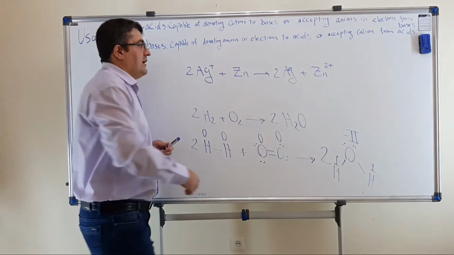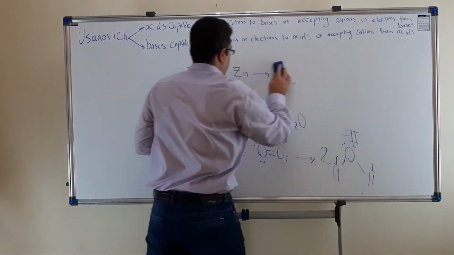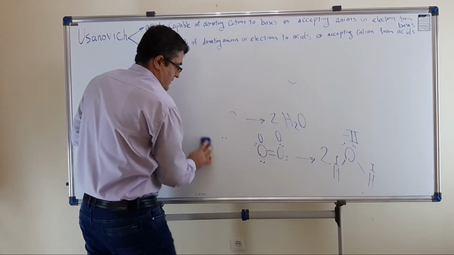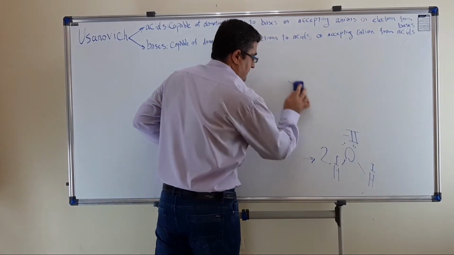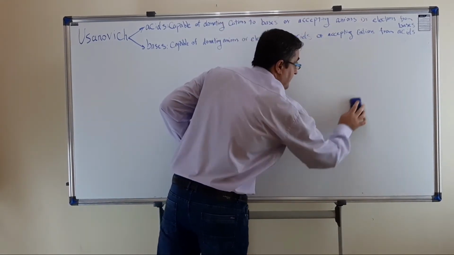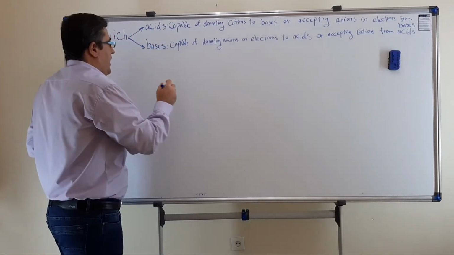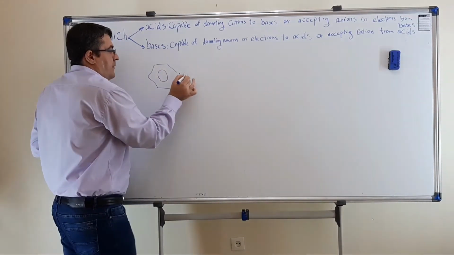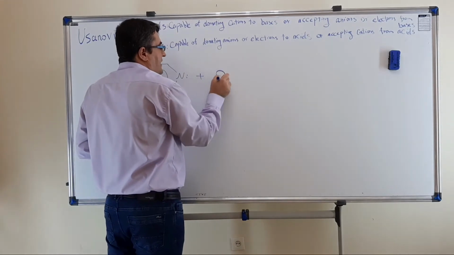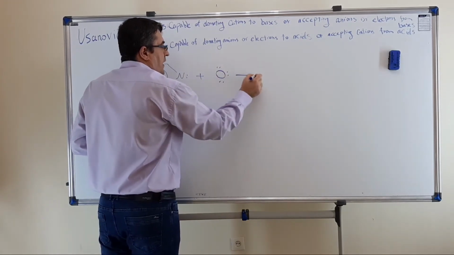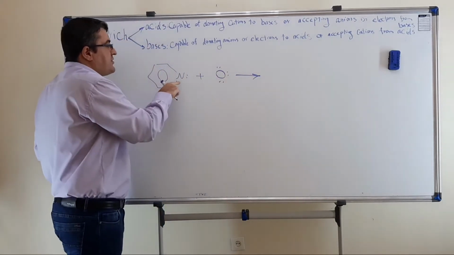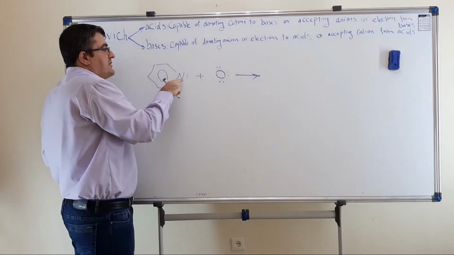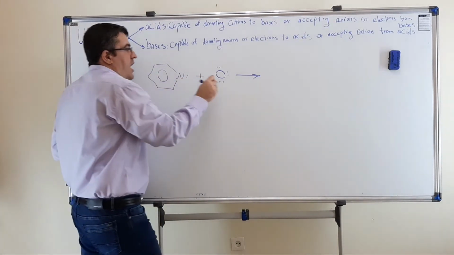For example, consider this reaction. The reaction between pyridine and an oxygen atom, in which the nitrogen atom of the pyridine shares its lone electron pair with the oxygen atom.